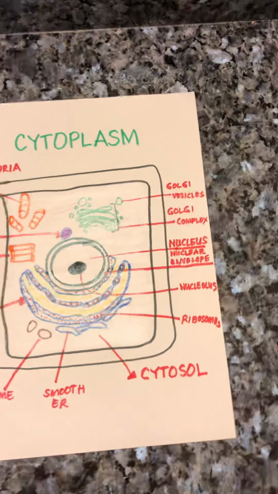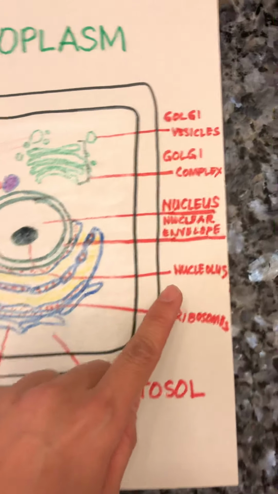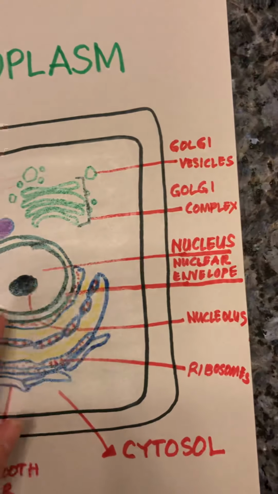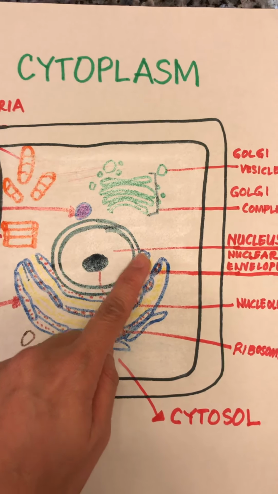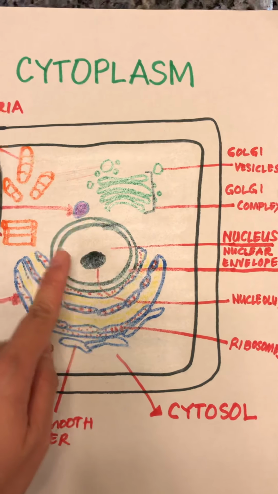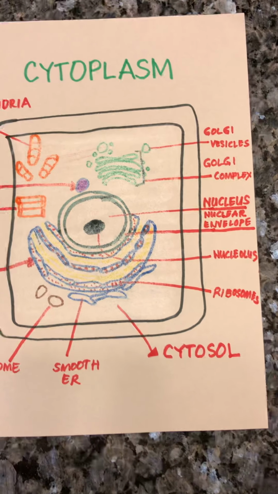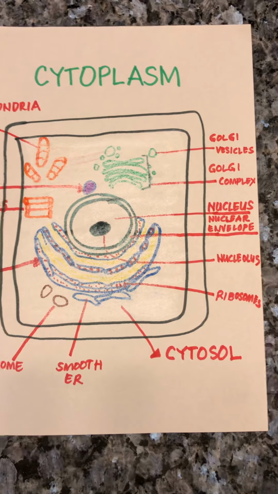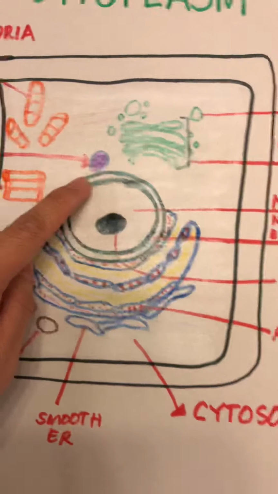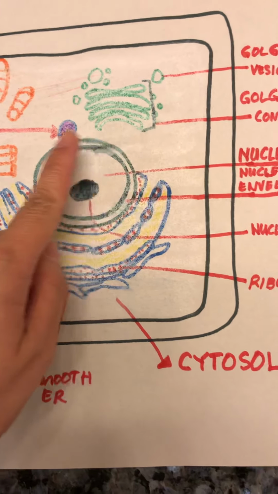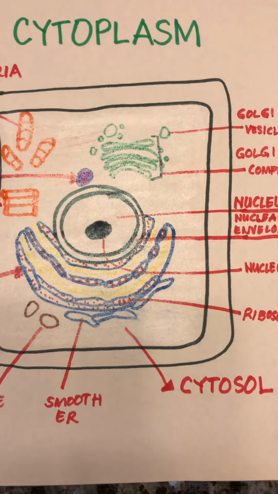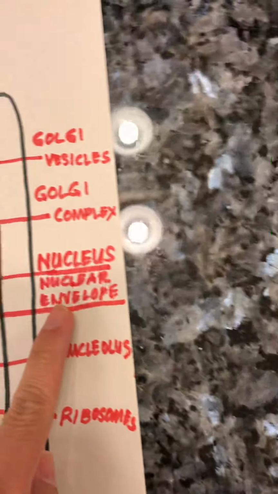The first organelle I'm going to talk about is the nucleus. So this is the nucleus right here. So the nucleus is the control center. It contains DNA. Now it is surrounded by a bilayer membrane called the nuclear envelope.